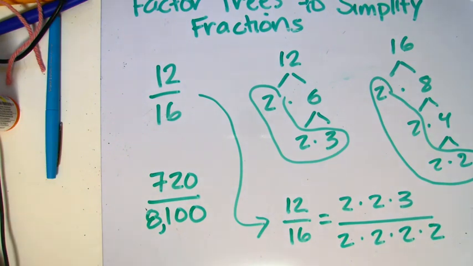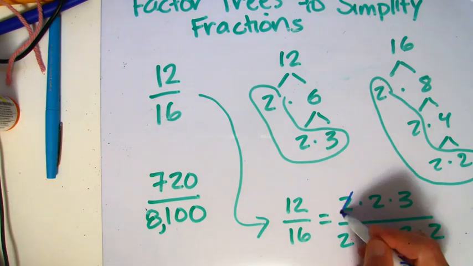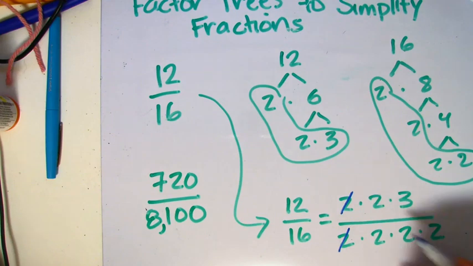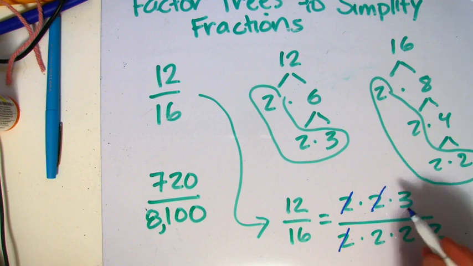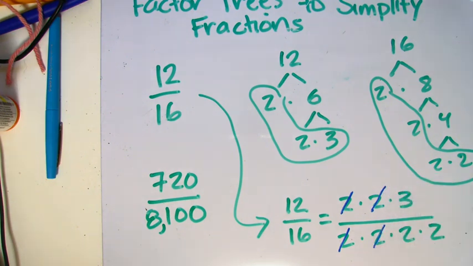You can see that we have some common factors, and we can reduce or simplify by eliminating those common factors. Notice that I'm eliminating a 2 on the top with a 2 on the bottom. And I get to do that twice.